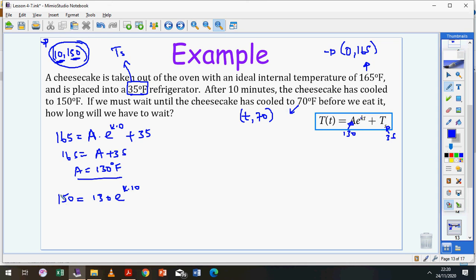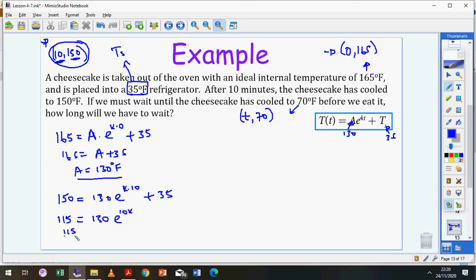Again, 150 minus 35, 115 equals 130 e to the power 10k. So I divide both sides by 130, I have 115 divided by 130 equals e to the power 10k.